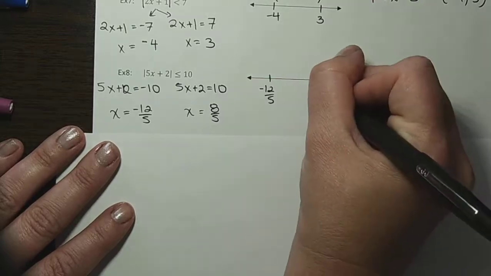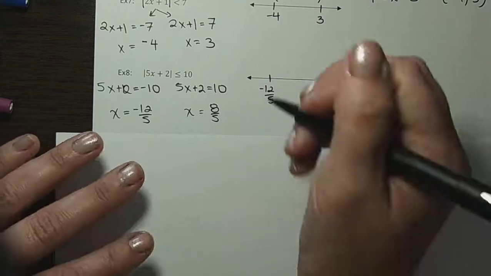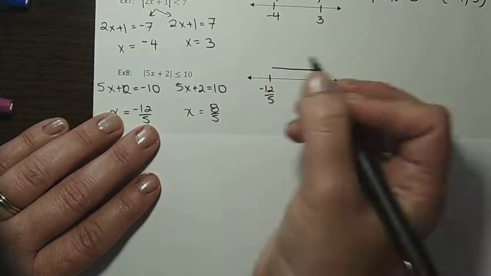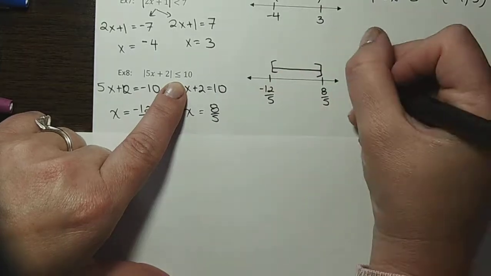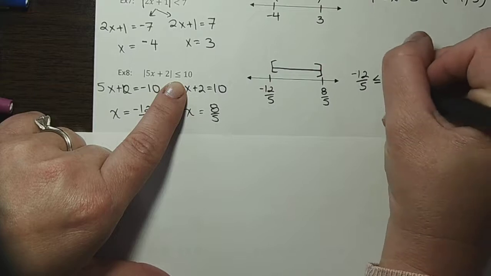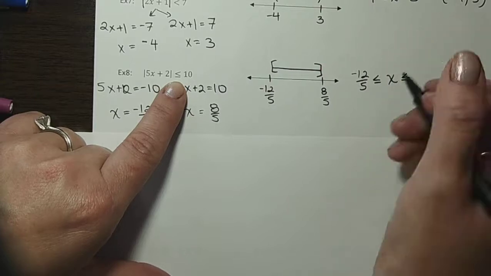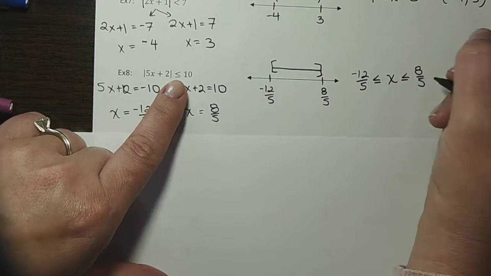Negative 12 over 5, 8 over 5. Less than is between. So we're going to go between. And then brackets on both sides this time. So the inequality is negative 12 over 5 is less than or equal to x, less than or equal to 8 over 5.